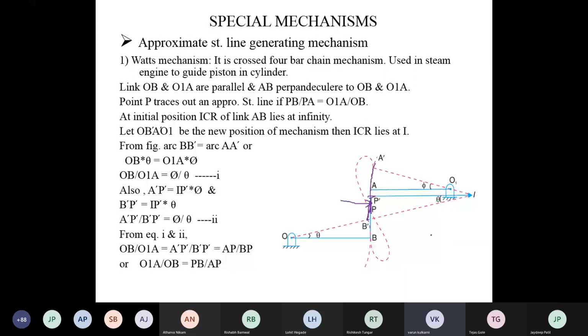हाँ. ये ऐसे है, इसके बाद you will get this point and this point. Okay. Now this is the link. A. This is the A point. Okay. This is the B point. यहाँ पे P है और यहाँ पे P डैश है.